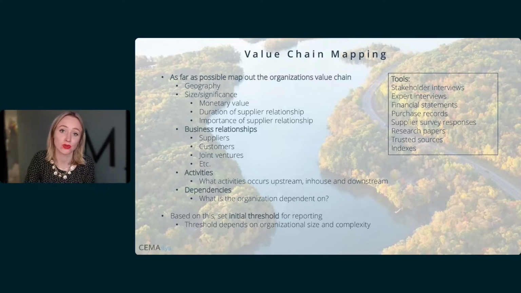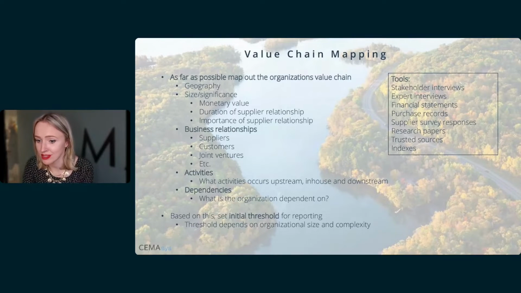You can also talk to some experts. This could, for example, be NGOs or someone that works very specifically with your sector. We could also look at financial statements in order to see how much monetary value is in the different parts of the organization, because that can actually help us figure out what is the most material.